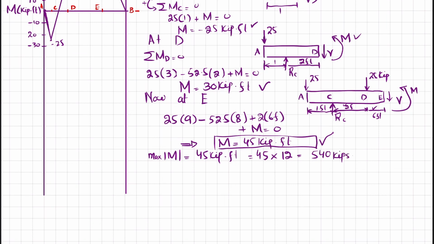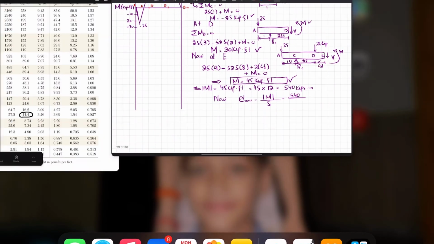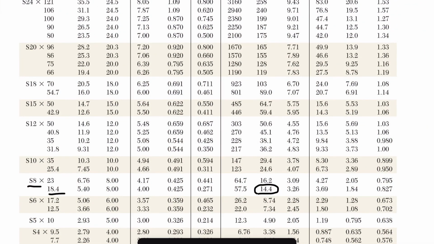kips into inch. Now we know that maximum bending stress is equal to maximum moment divided by section modulus. So the moment is 540 kips-inch divided by section modulus. The section modulus can be checked from the property table of the steel rolled section.